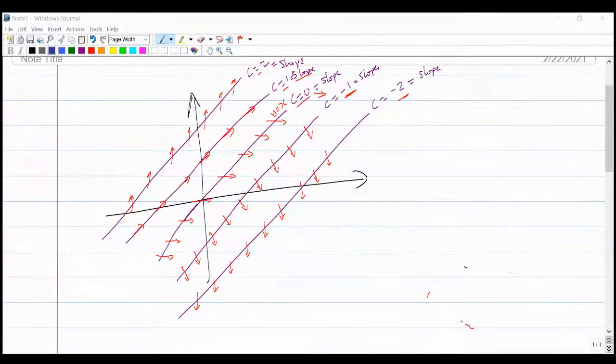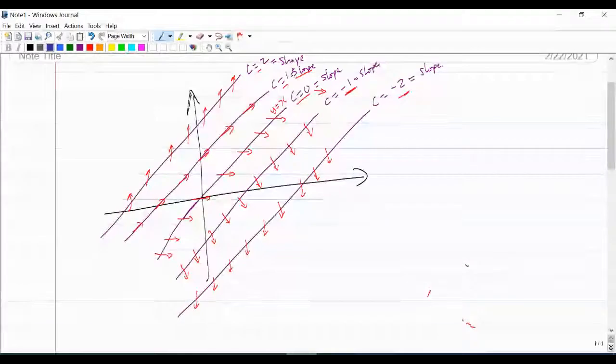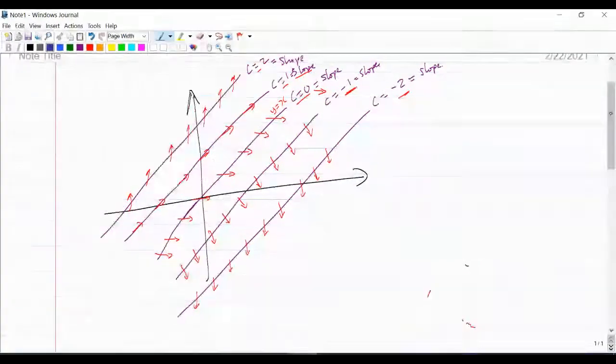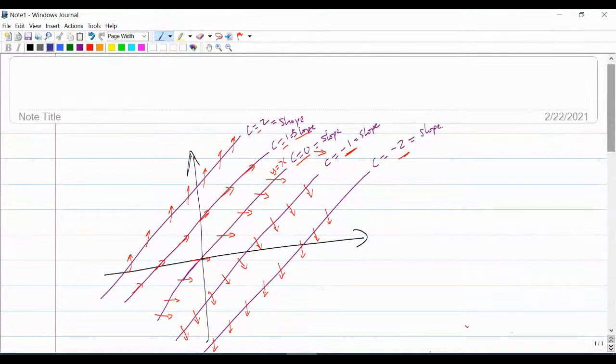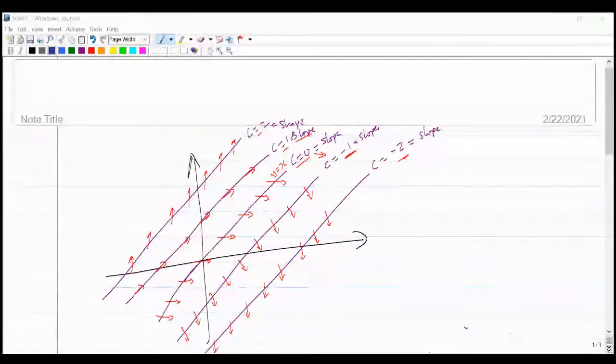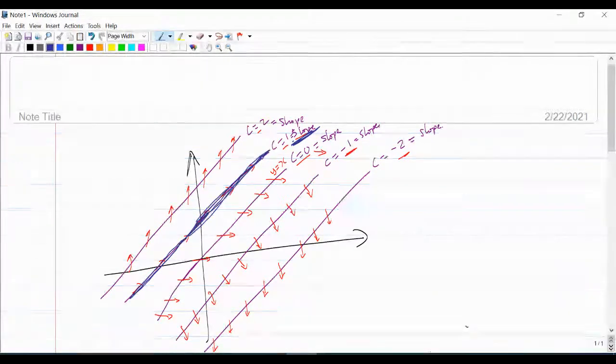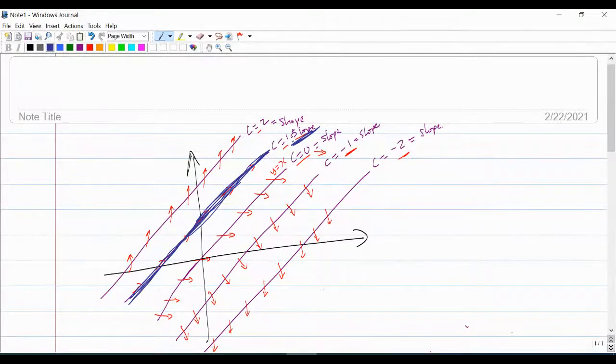Right, so now there we are. We have our board. So what it means is solutions that are on this isocline of slope c equal to 1 go through that isocline and remain there. But you see here it's 1.